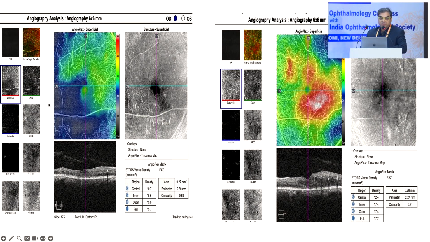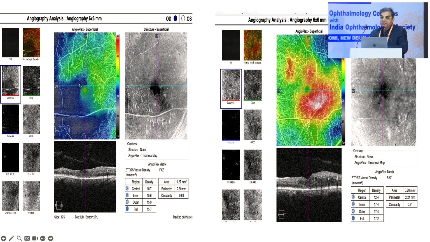This patient was subjected to intravitreal anti-VEGF injections, because this is a proliferative diabetic retinopathy case, and we are not supposed to give steroid injections unless the patient has undergone a PRP. So this patient underwent anti-VEGF injections in the right eye and the left eye, and we could see a very nice resolution of the macular edema, but the OCT angiography shows large non-capillary perfusion areas.